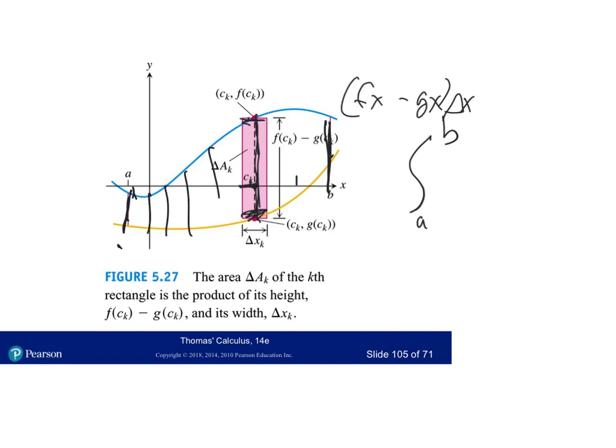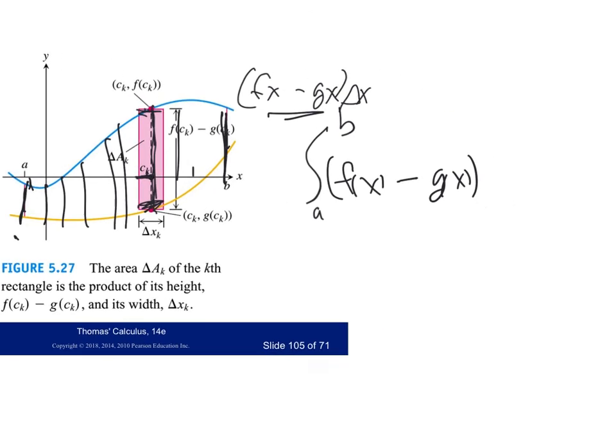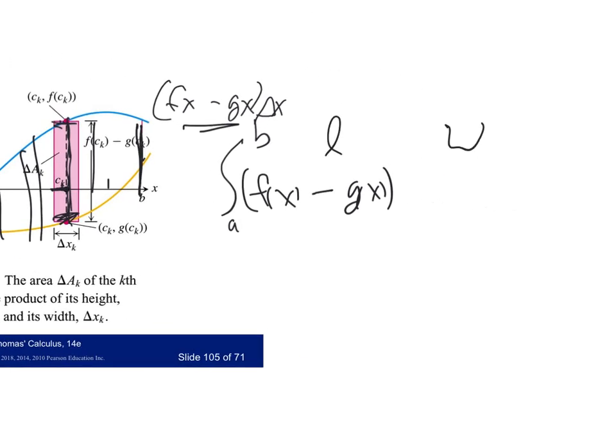So let's just integrate f of x minus g of x instead of adding them all up. There's my height, times my width, dx.